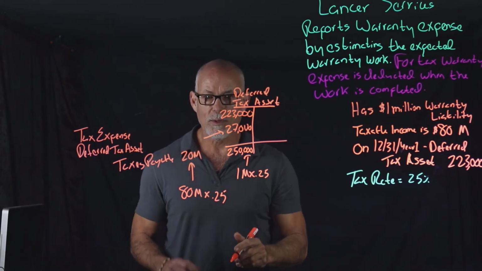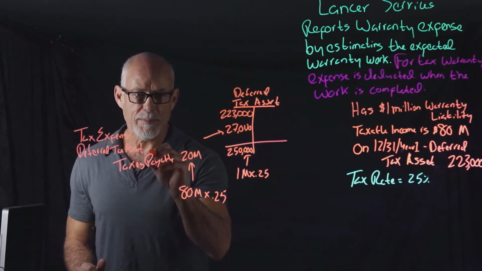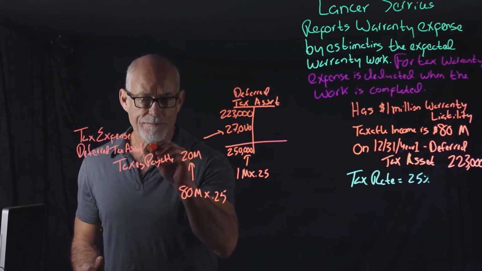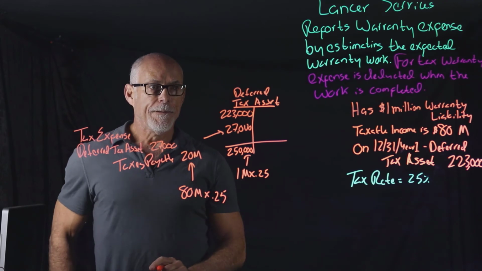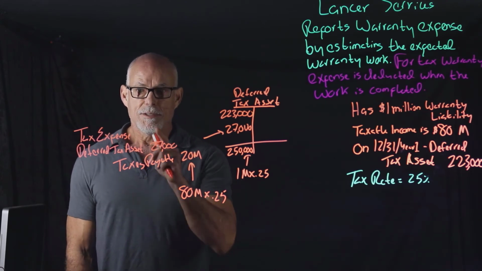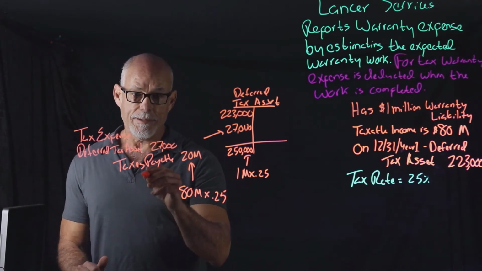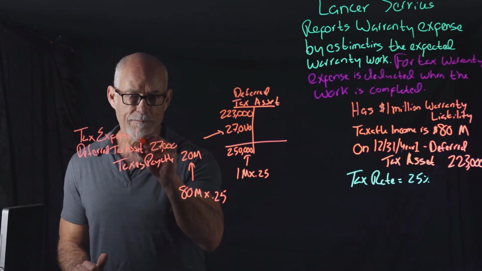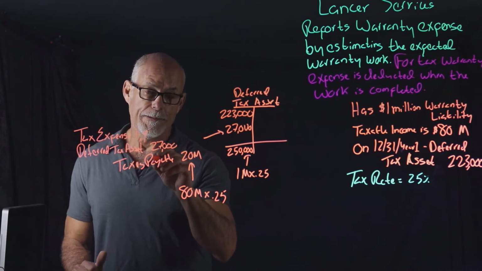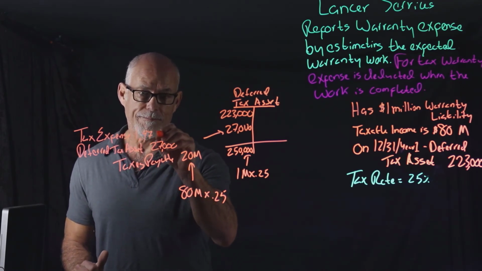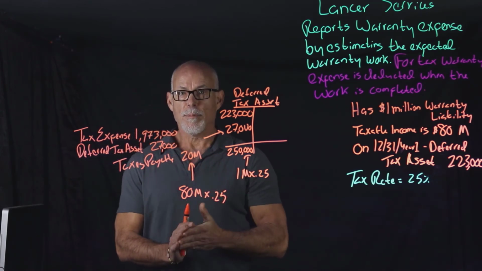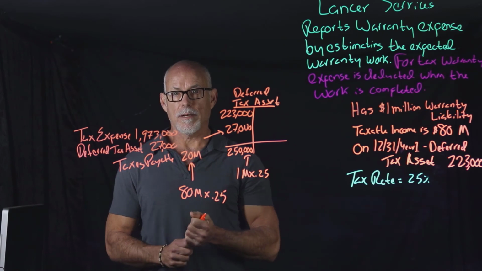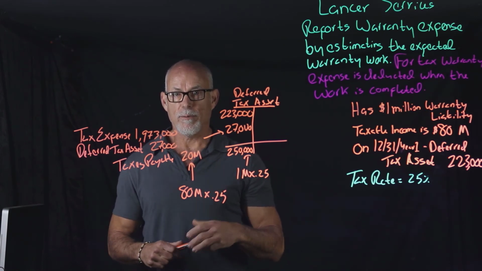And then we know what the deferred tax asset needs to be. It needs to be 27,000. Oh, this is going to get awkward. And so the tax expense needs to be 1,973,000. I'm hoping. But the point is tax expense is a plug. It's the way we always do it.